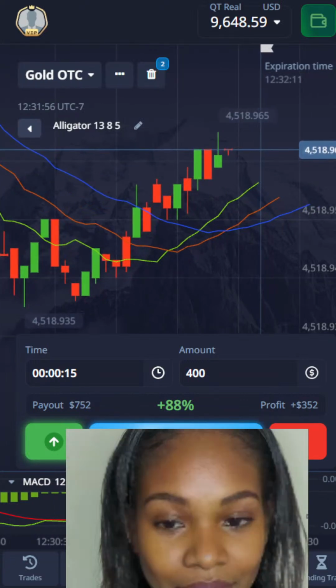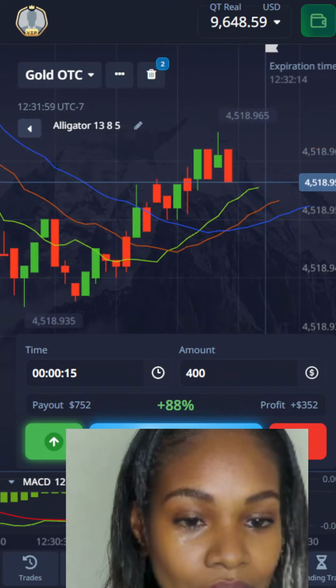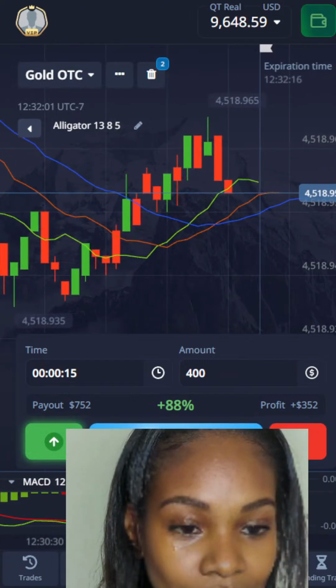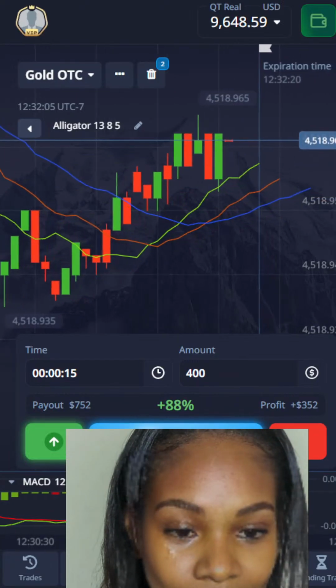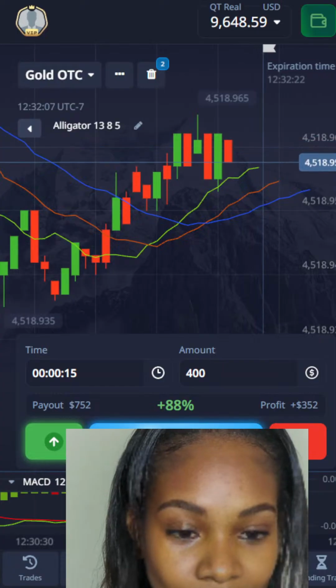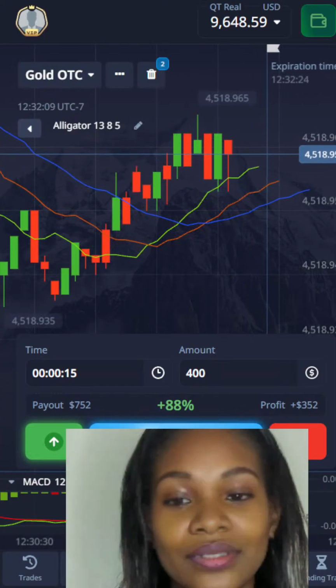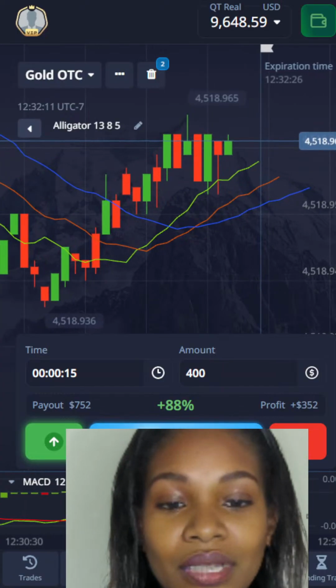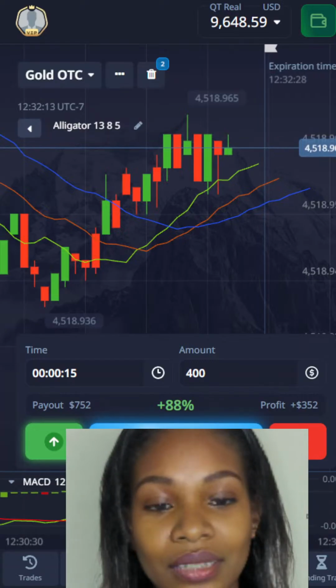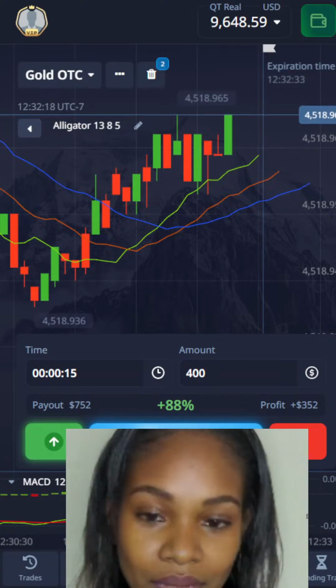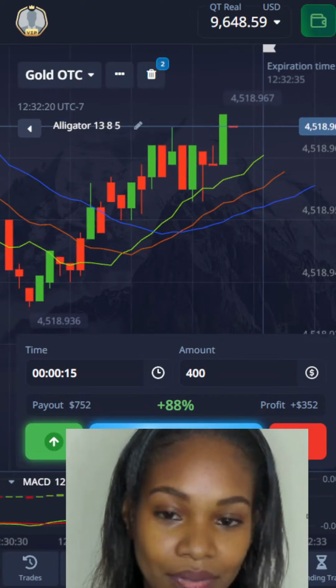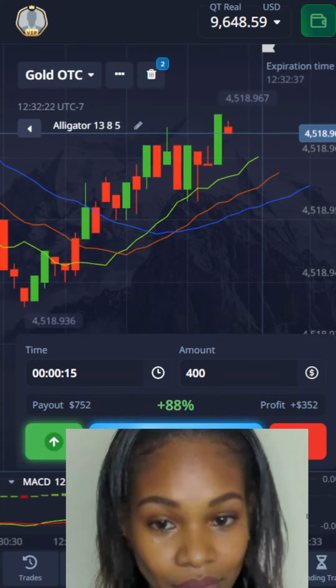What's the breakdown of the strategy? Okay, so for the strategy, I'm basically looking at three things that I consider so much.